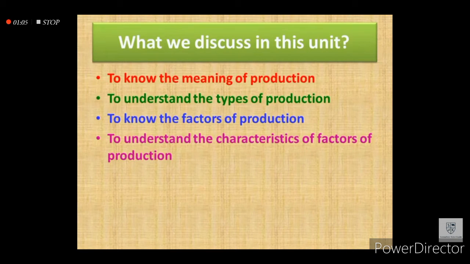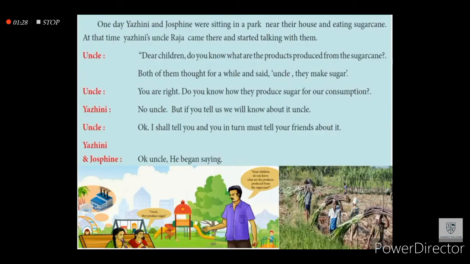One day, Yarni and Josephine were sitting in a park near their house and eating sugarcane. At that time, Yarni's uncle, Raja, came there and started talking to them. He said, "Dear children, do you know what are the products produced from the sugarcane?" Both of them thought for a while and said, "Uncle, they make sugar."